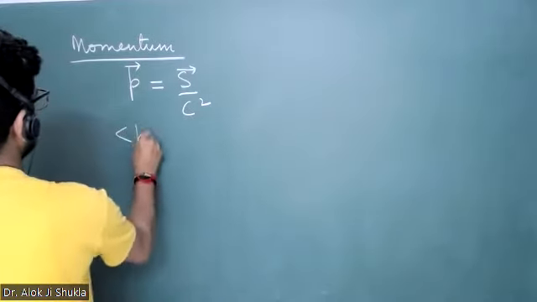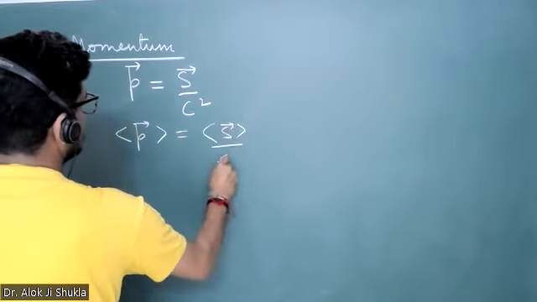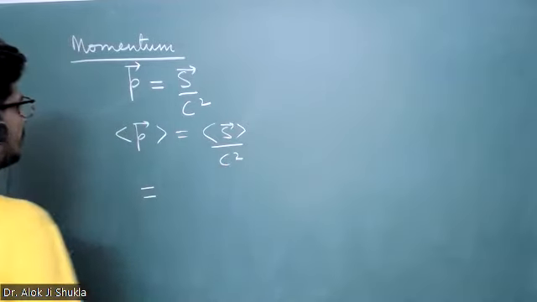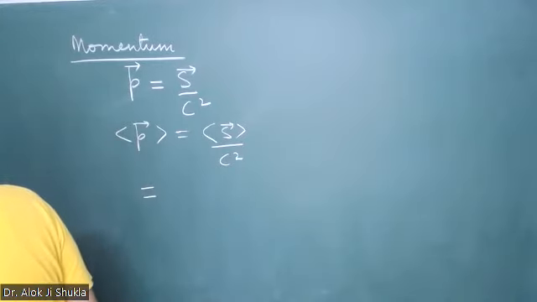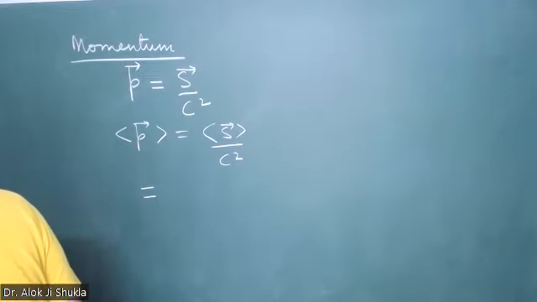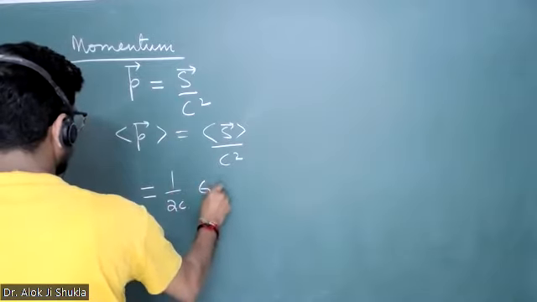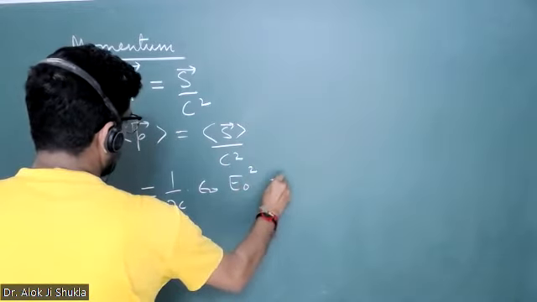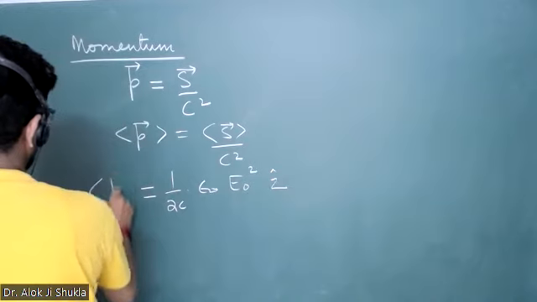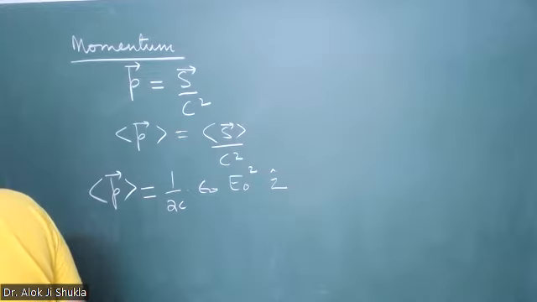Average momentum will be average S by C squared, and this is equal to epsilon naught E naught squared by 2C. So this will be the momentum imparted on an average, because S we have already calculated.